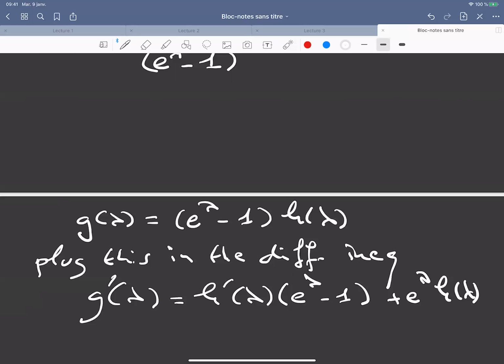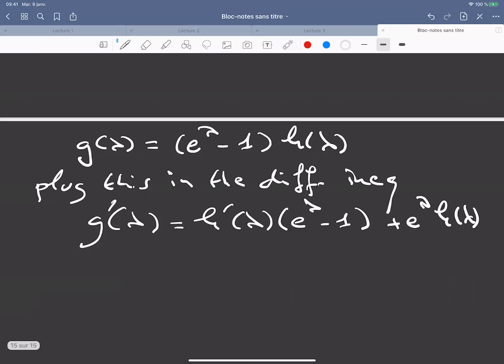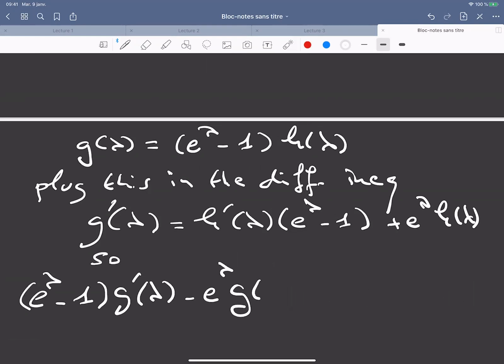And so if you plug this in the equation, you get that exponential minus 1 j prime of lambda minus exponential of lambda times j of lambda is just equal to exponential of lambda minus 1 squared times h prime of lambda.